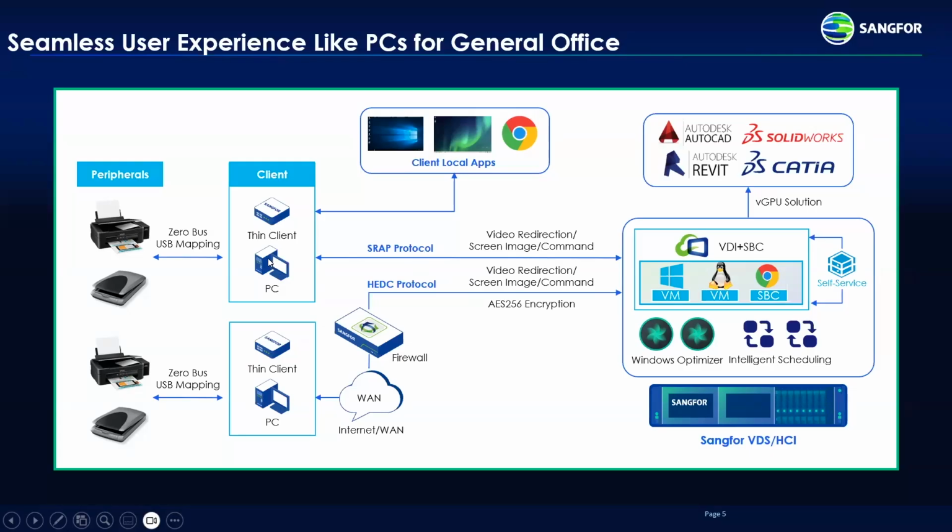So you have the capability to reuse your PC, and you can purchase our thin client for a better, optimized solution as well, and cost saving as well. You can integrate with your local peripherals, like a USB scanner or a USB printer. So you can use a local printer with our VDI solution. Let's suppose a user is working from home and he wants to print on his local printer, he can achieve that as well.